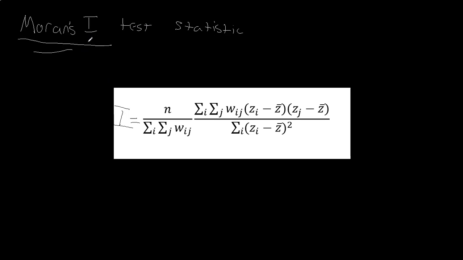Moran's I is the go-to test statistic for spatial autocorrelation. What I want to do in this video, just like in all of the others of this nature, is break down this equation, talk about what parts it has, what each part means, and what the overall test statistic is trying to indicate.